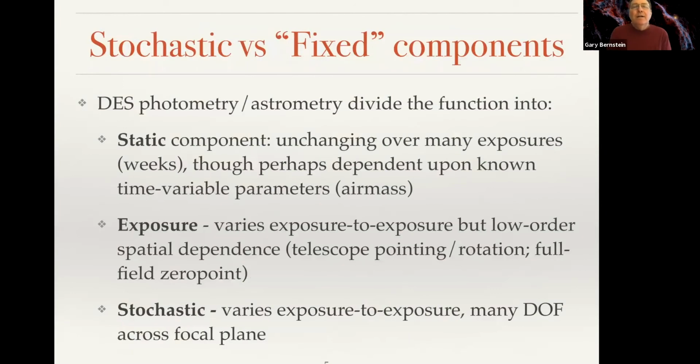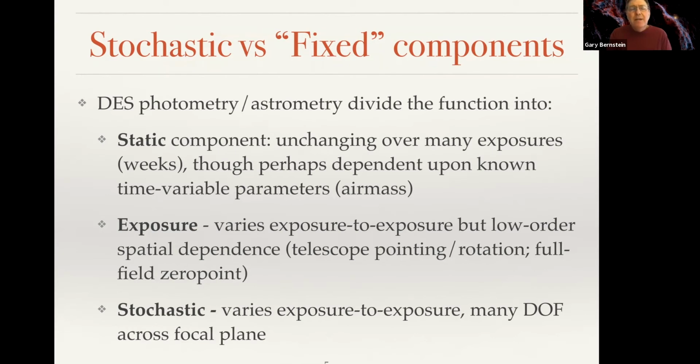Okay, so thinking about what these functions are, we can mentally divide the components of these functions into three categories. There are the static things that we could consider to be basically the same over many weeks or longer of observations, although these static functions might depend on known time-dependent parameters like the air mass of a given exposure.